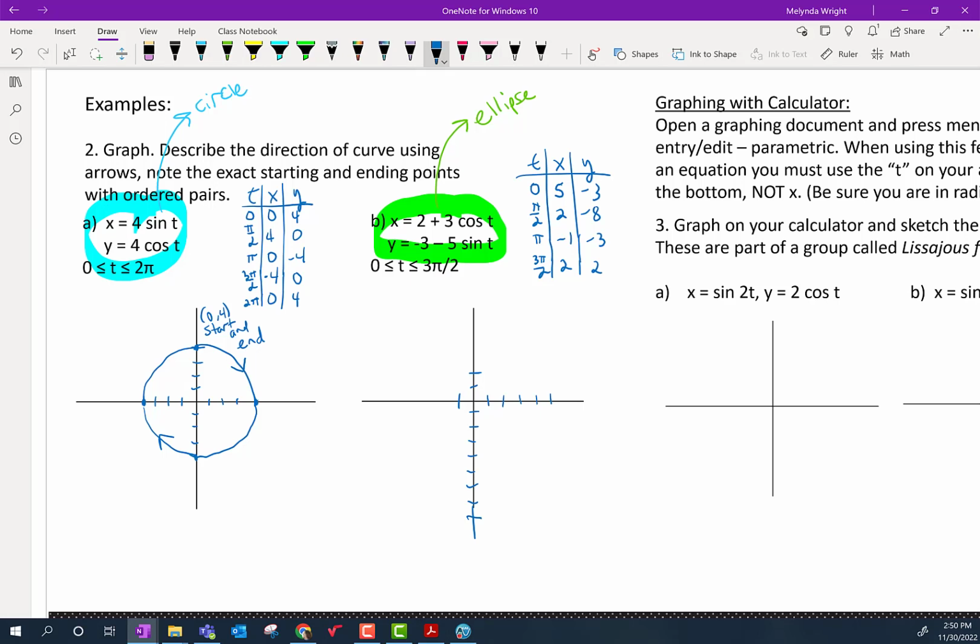So here we go. Let's start. Our first point is 5, -3. 1, 2, 3, 4, 5, -3. That's our start. Our next point is 2, -8.